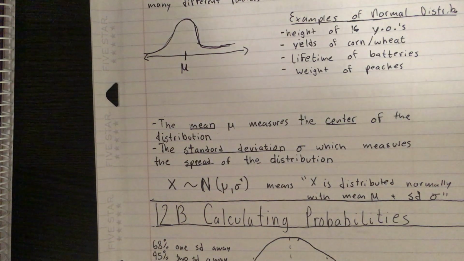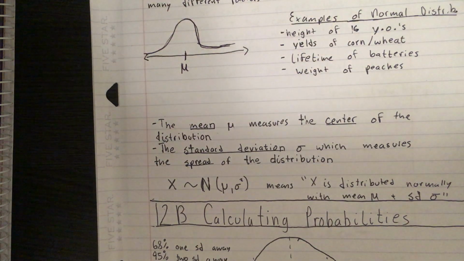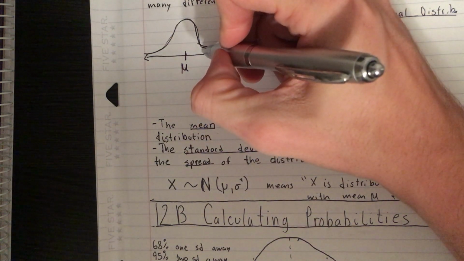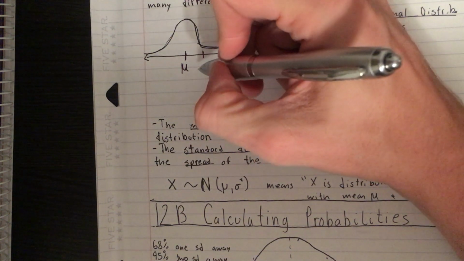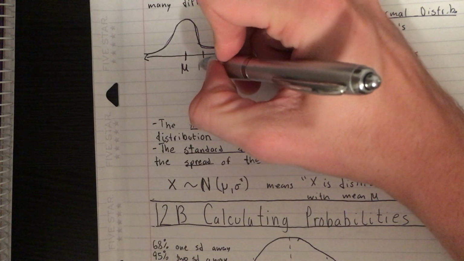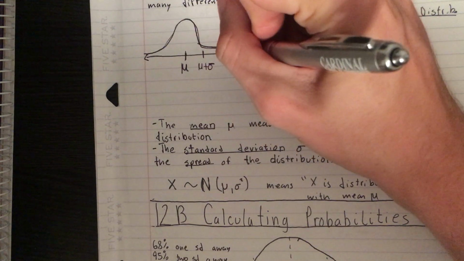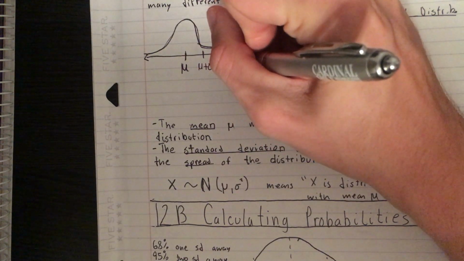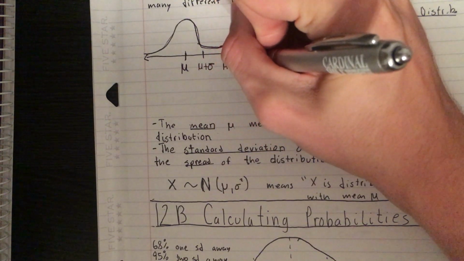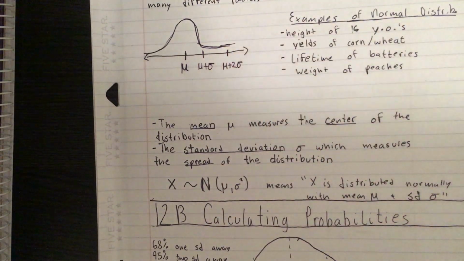Then the standard deviation here measures the spread of the distribution. When you have a normal distribution, we're listing things in order of how far away from the mean they are, and we quantify that by how many standard deviations we are. If you go to the right, you add one standard deviation. Every step you take, you're adding another standard deviation here.